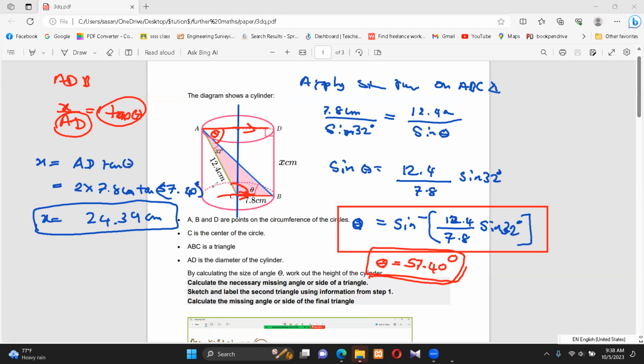Now I wanted to include a tetrahedron inside this cylinder, and the base of the tetrahedron will be an equilateral triangle, so all these sides are equal to each other.